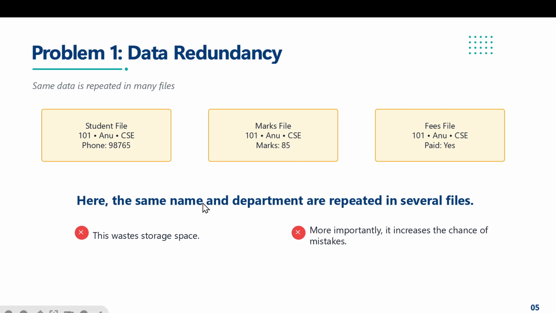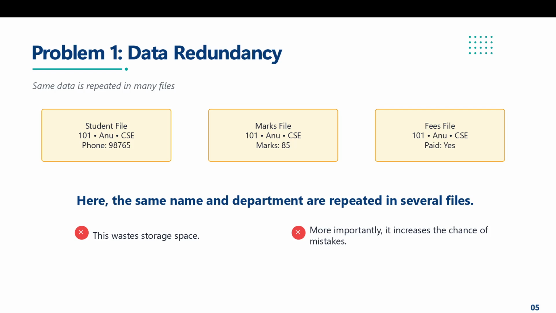Now, some students may think, what is the problem if data is repeated? Right. There are mainly two problems. The first one is it wastes storage space. That is one small issue. But the more important issue is that repetition increases the chances of mistakes.